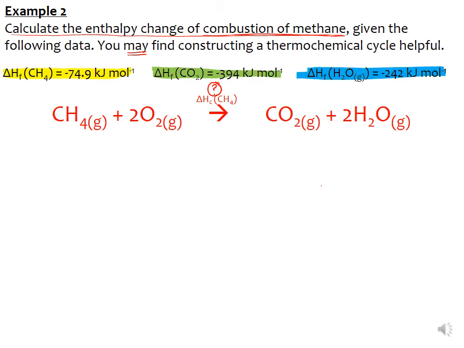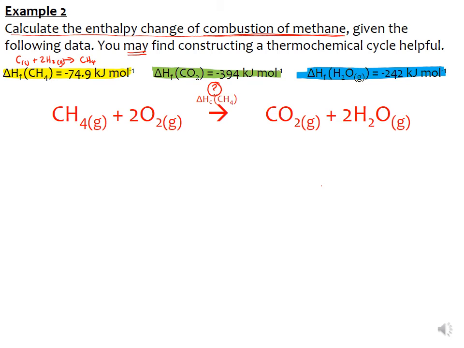Now the data we've been given is delta HF. Now delta HF is the enthalpy change when 1 mole of a compound is formed from its elements in their standard states, etc. So CH4 would be formed from 1 mole of solid carbon and 2 moles of H2 gaseous, which you've said already.